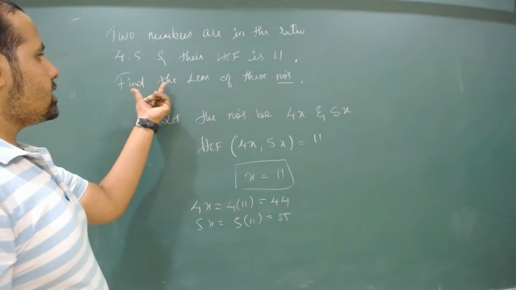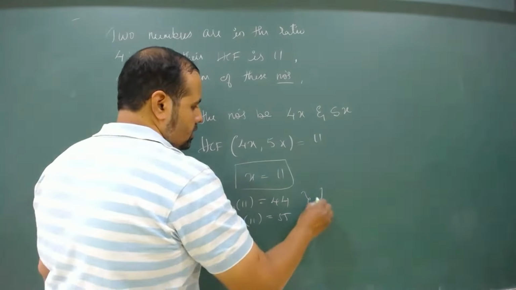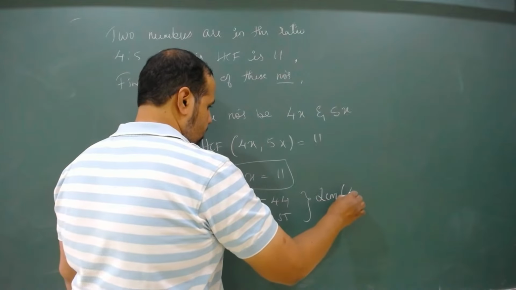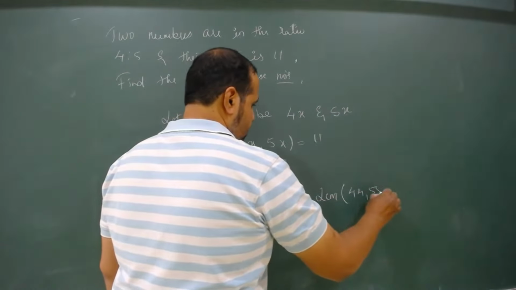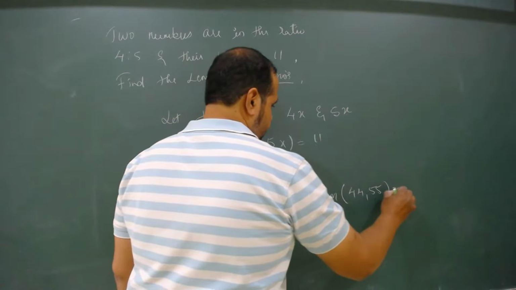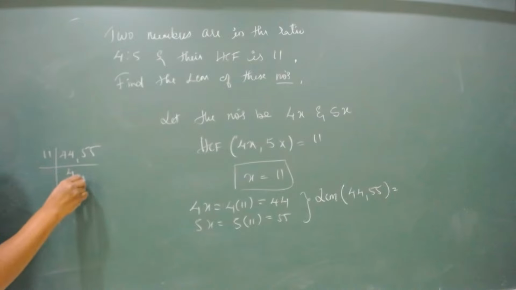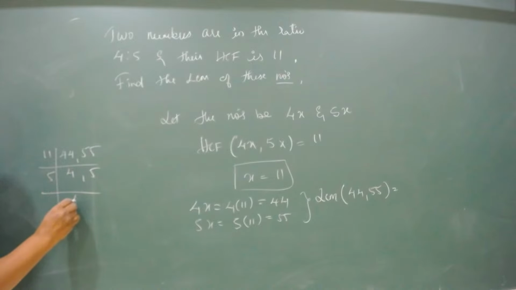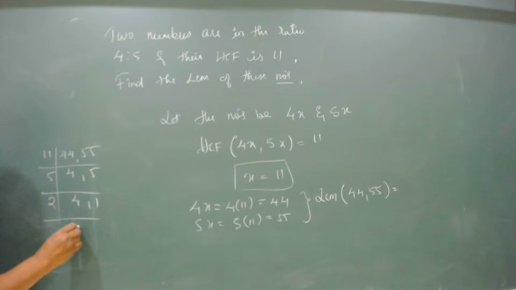Now you have to find the LCM of 44 and 55. You can use any traditional method, or you can go at this same way. 11 4s are 44, 11 5s are 55.